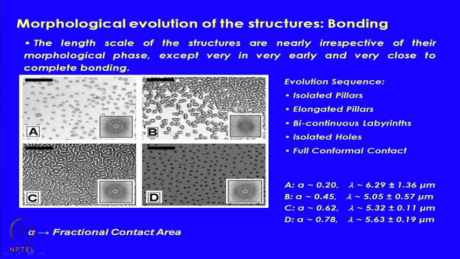The onset of instability is with the formation of columns, then more columns appear, the columns tend to get elongated and gradually get transformed into labyrinth like structures, associated with an increase in the fractional area of contact. Then you have these random bicontinuous structures, and then finally these holes.